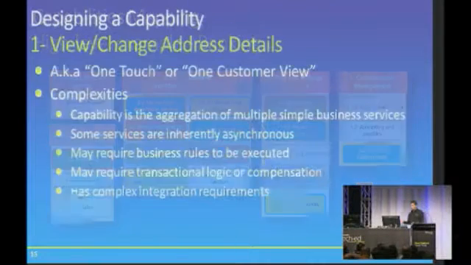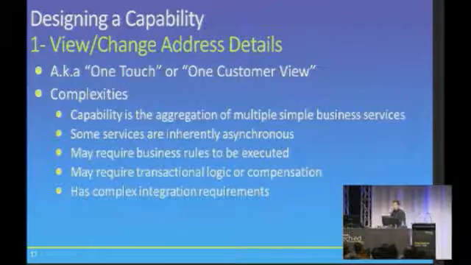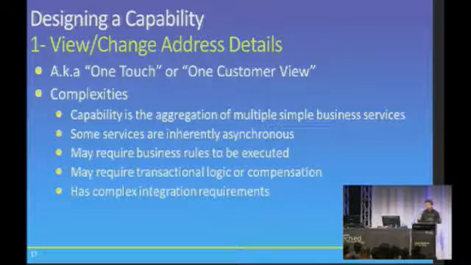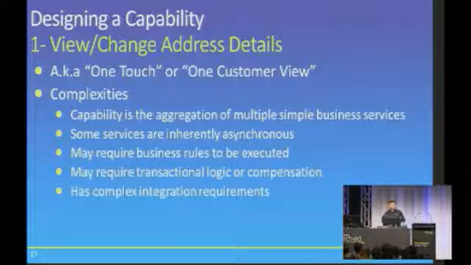The examples I'm going to use are, there's two examples. This is the first one. This is around one touch and one customer view. So the example is an insurance company that basically has a number of different applications that they maintain their customer information in.